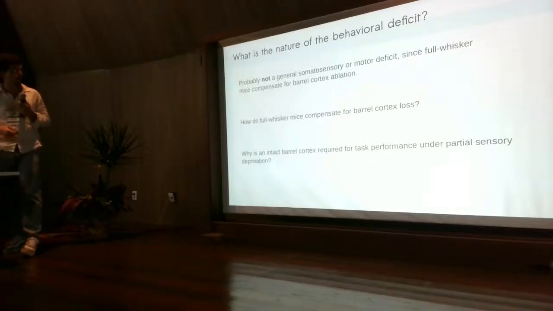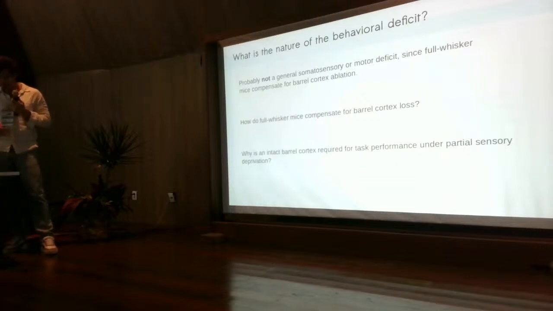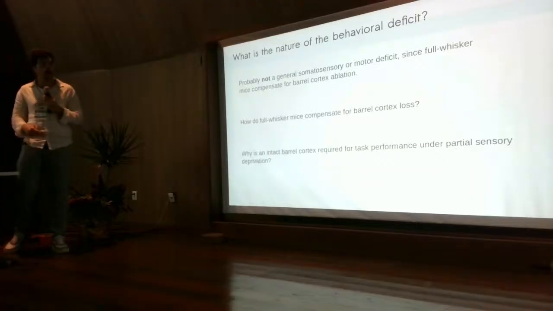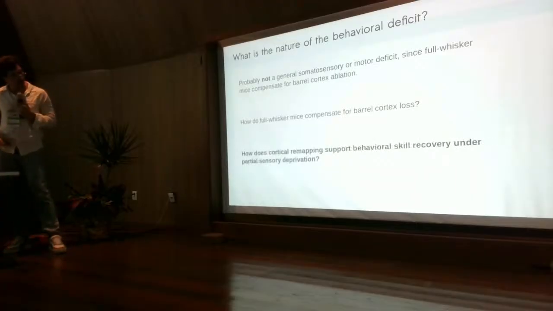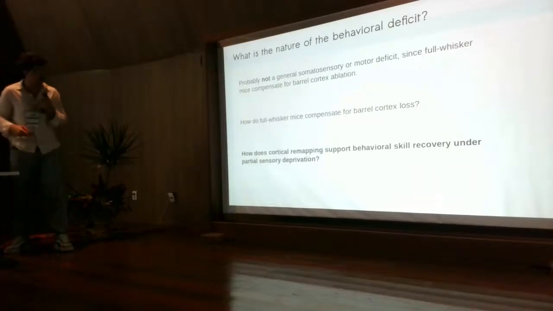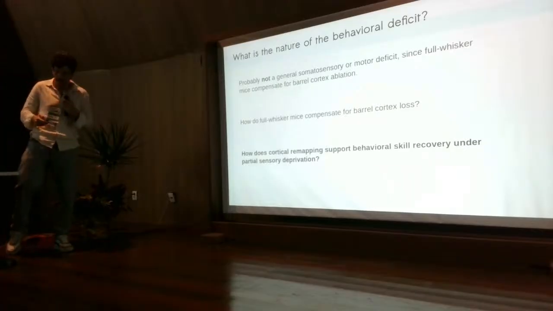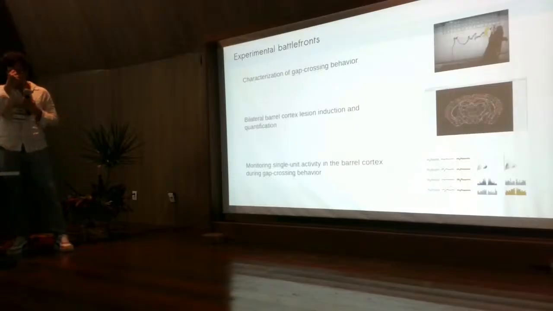This is our question. And why is an intact barrel cortex required for task performance under partial sensory deprivation? We think that this is probably related to cortical remapping. So our reformulated question would be: how does cortical remapping support behavioral skill recovery under partial sensory deprivation? For this project, we have 3 key experimental fronts.